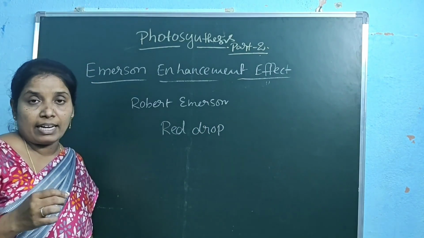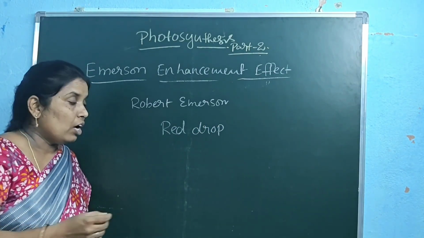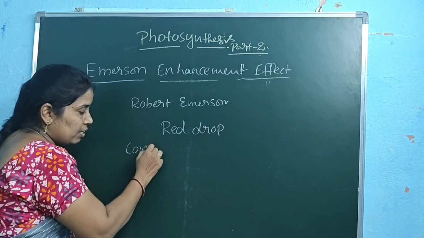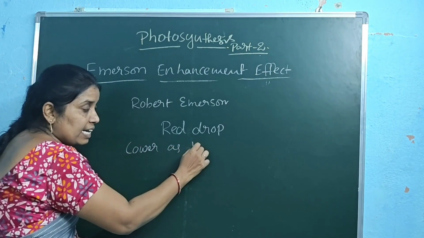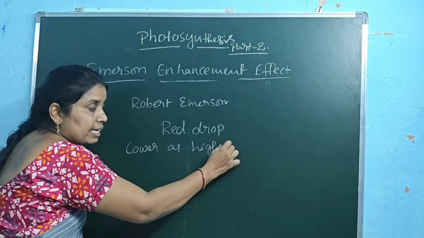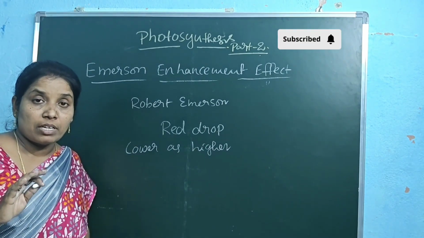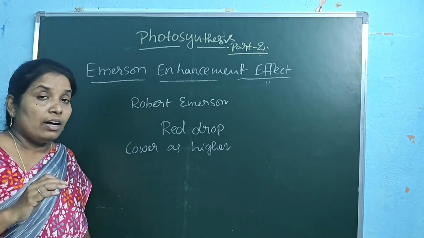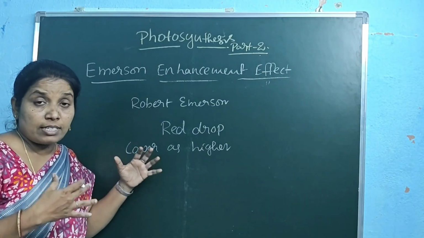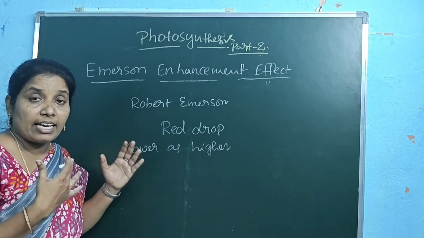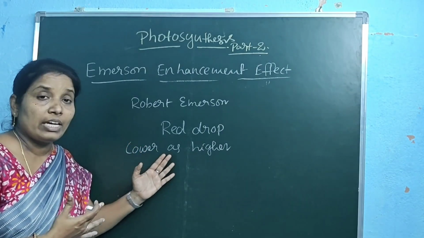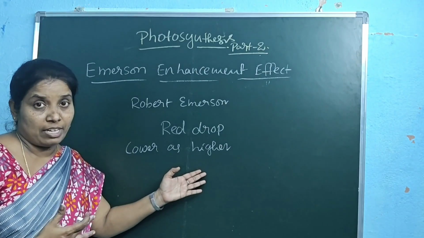Then he made an experiment. He gave lower wavelengths as well as higher wavelengths simultaneously to the chlorella. He observed that the photosynthetic rate is higher than the individual effects of both wavelengths.